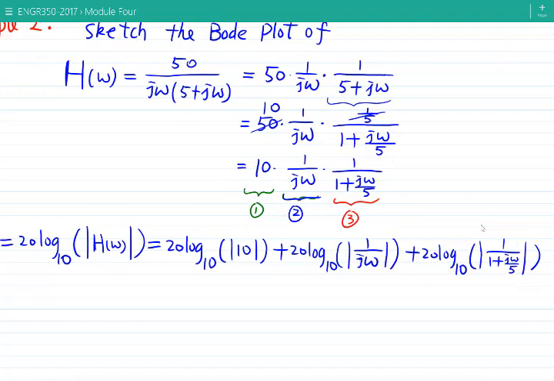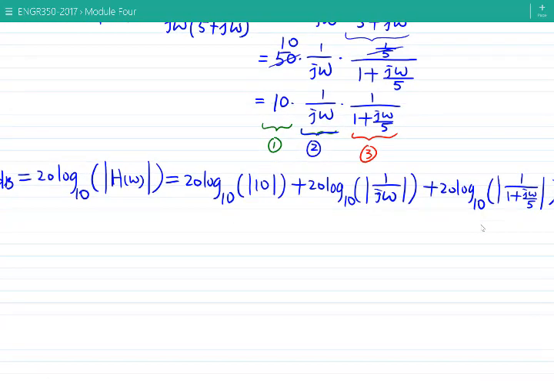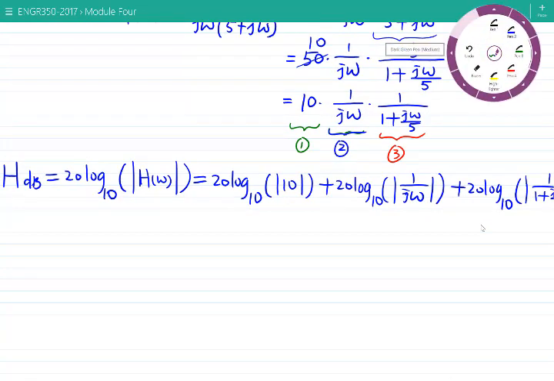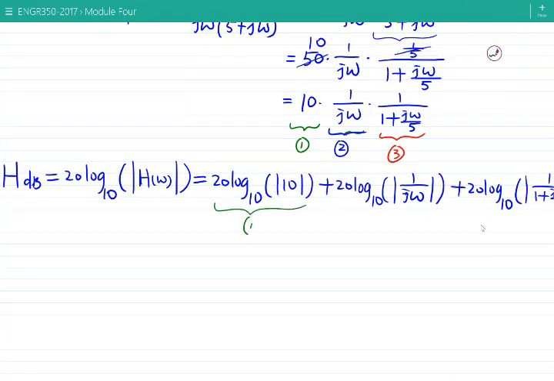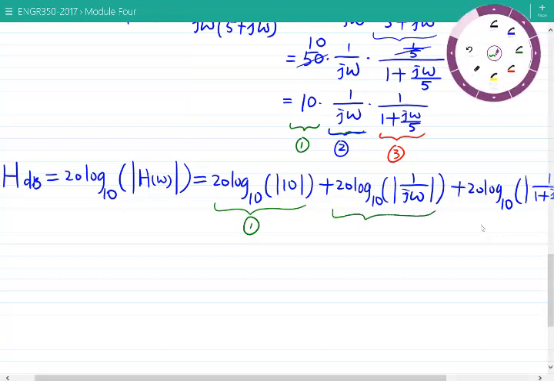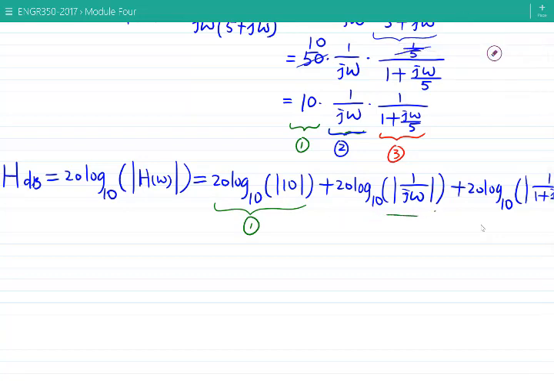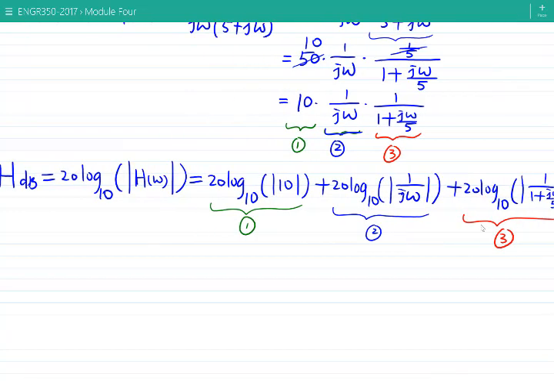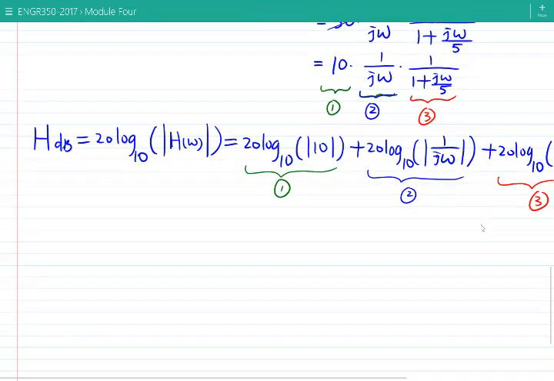Okay, so here we have factor number 1, factor number 2, factor number 3. So let's plot the magnitude for each factor in the Bode plot.